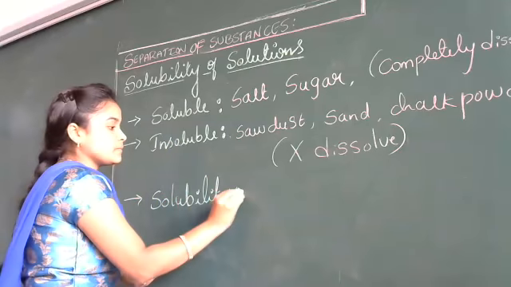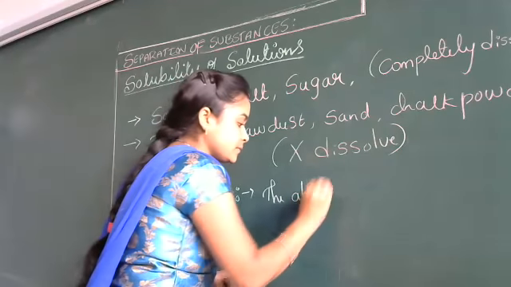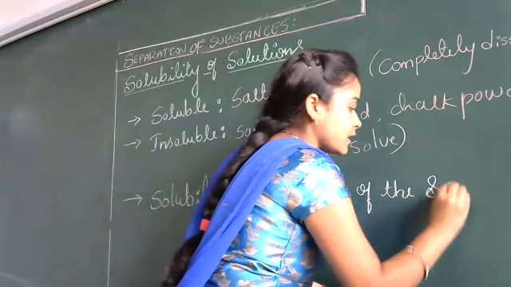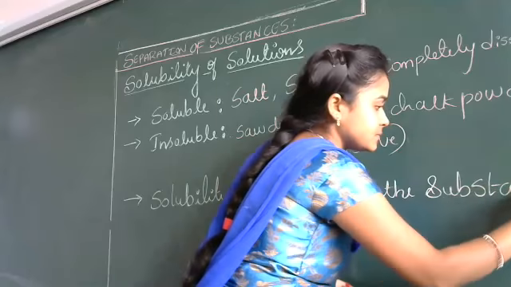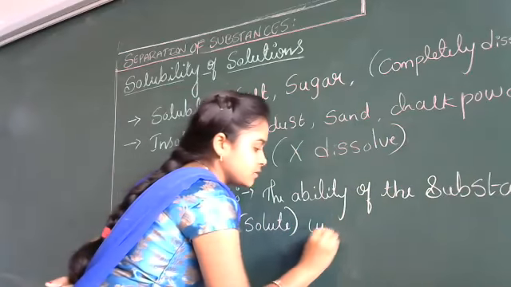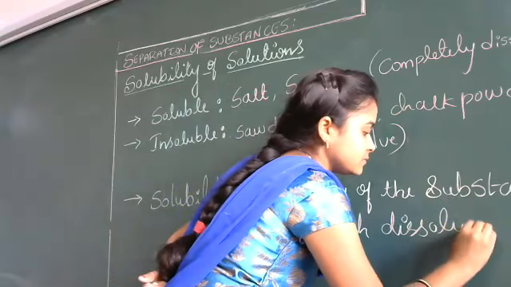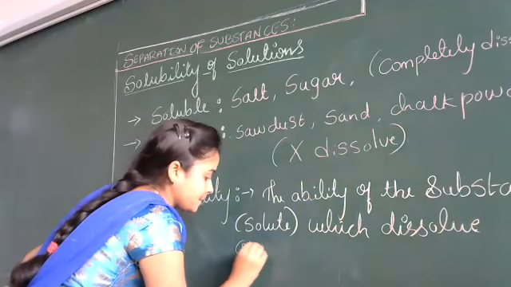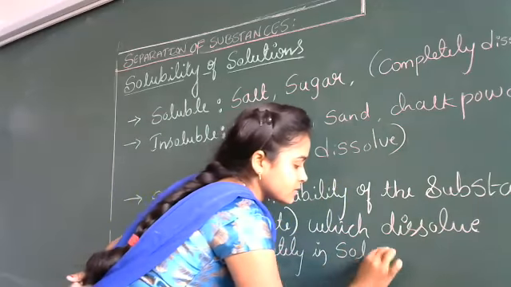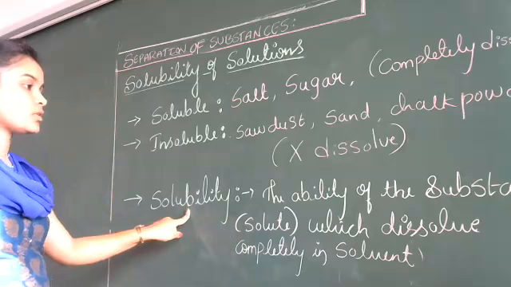What is meant by solubility? Solubility is the ability of the substance, that is what we call solute, which will completely dissolve in solvent. Yes, this is called solubility.